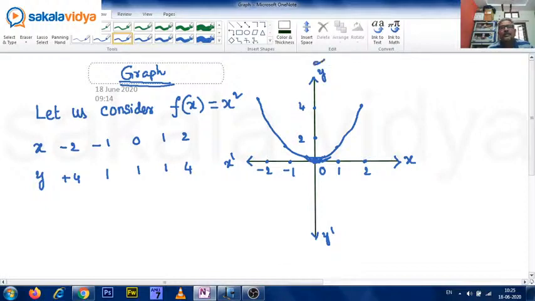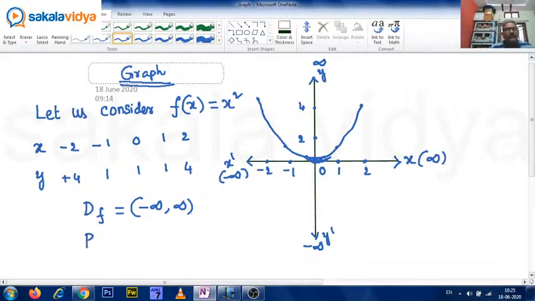This side will be positive infinity, this will be negative infinity. This side will be positive infinity, this will be negative infinity. So that means minus infinity to infinity. That means the domain of this function is minus infinity to infinity. On the x-axis we need to consider.